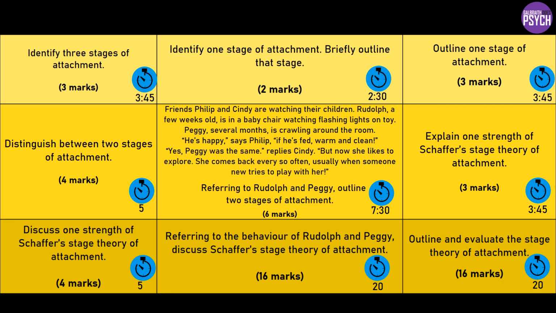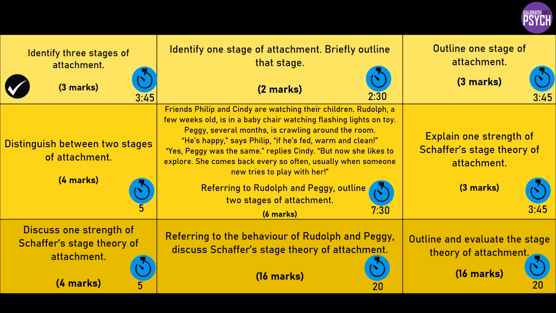So you're looking for the asocial stage, the indiscriminate stage, the discriminate stage, and the multiple stage. Other language that sometimes is credited, because as I said, the books are slightly different, you might call it pre-attachment, you might call it the beginnings of attachment, you might call the discriminate phase the specific phase. Yeah, so there's a bit of variation there, but you're just naming them, okay?